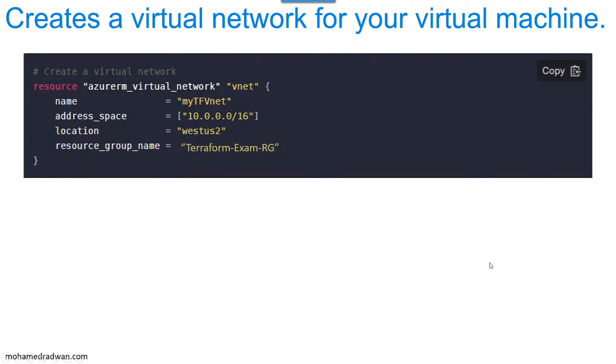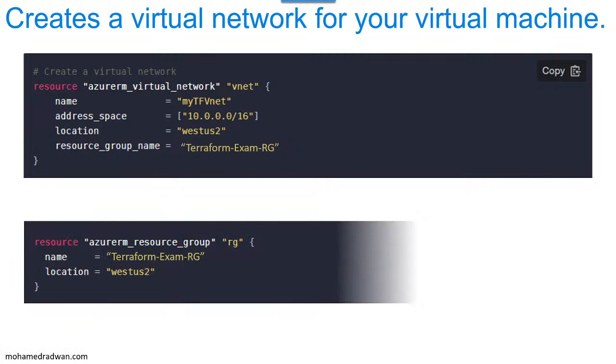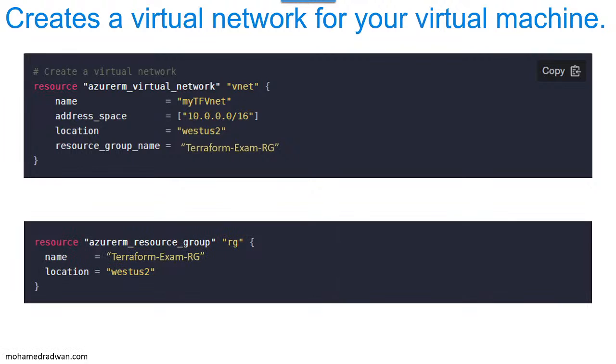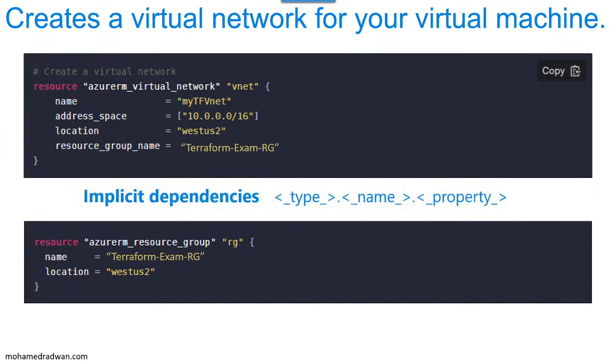So as you can see, this is exactly what I explained to you. In the first example, we're just using a hard-coded name of the resource group. By changing it to an implicit dependency, which is type.name.property, in this case azurerm_resource_group.name, this creates an implicit dependency.